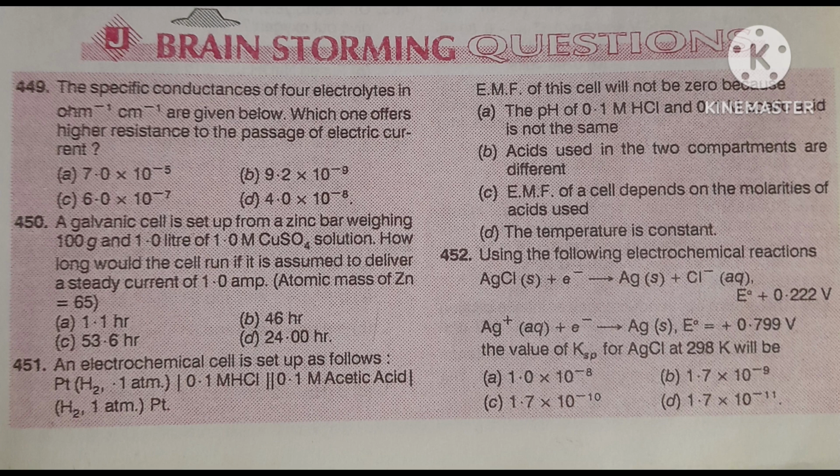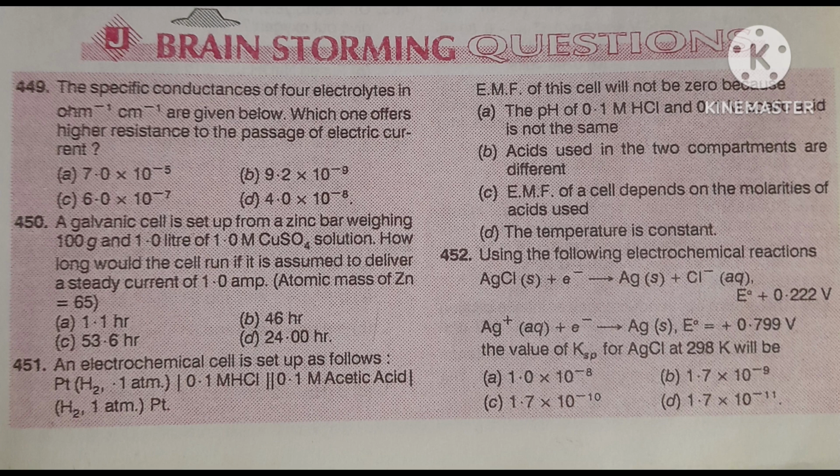The specific conductance of 4 electrolytes in per ohm per centimeter are given below. Which one offers higher resistance to the passage of electric current? First option 7.0 into 10 to the power minus 5.